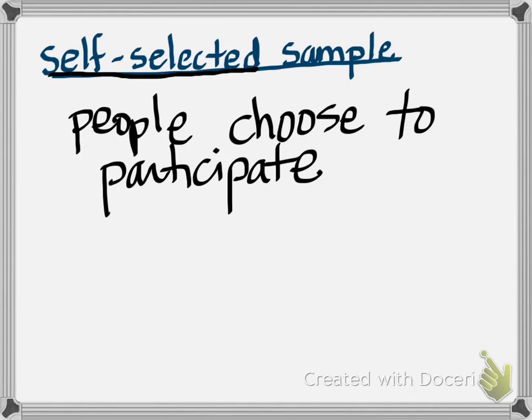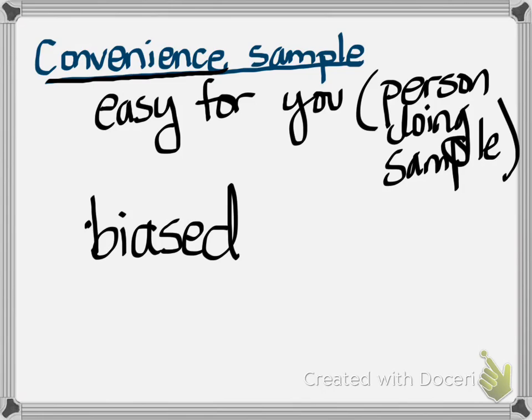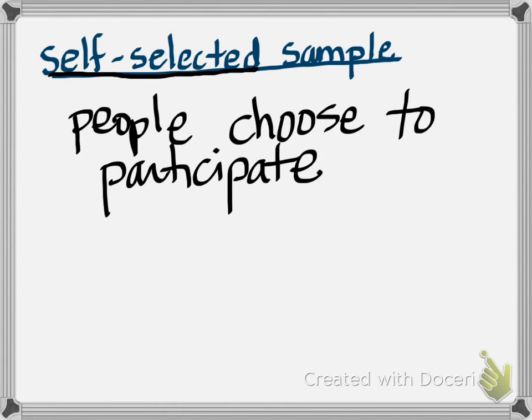So let's take an example of asking about the pets of students at Good Shepherd. A convenience sample would be for me to ask the 6th grade in homeroom. Okay, that's easy for me. Self-selected sample would be, hey, up on the back church table, there's papers.